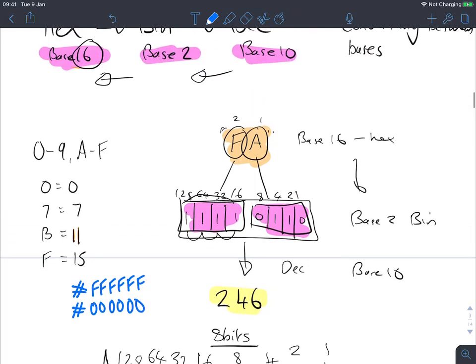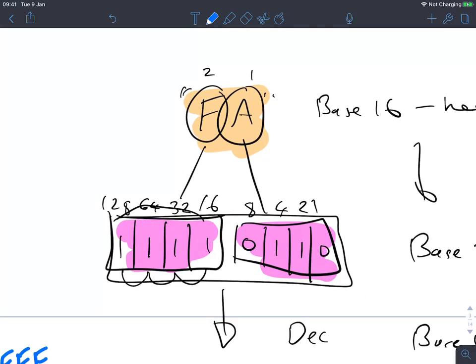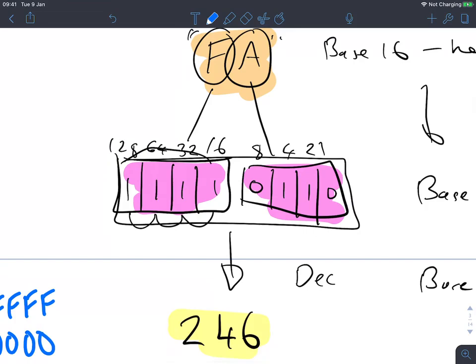So if we had to be presented with something like this, F and A in base 16 or hex, then what we'd do is we'd just draw a box with 4 spaces, which represents the F, and then we'd represent F, which is a 1, a 2, a 4, and an 8.